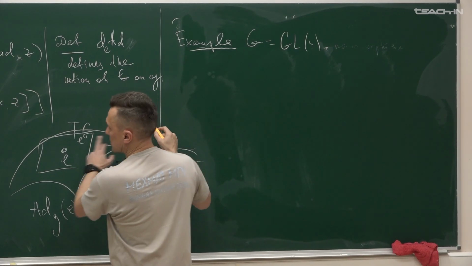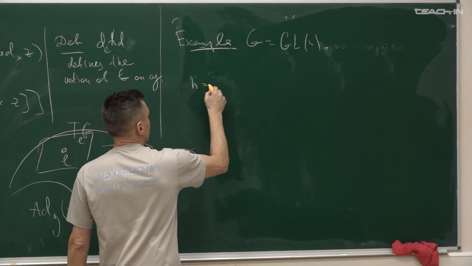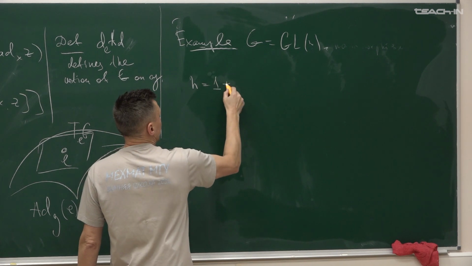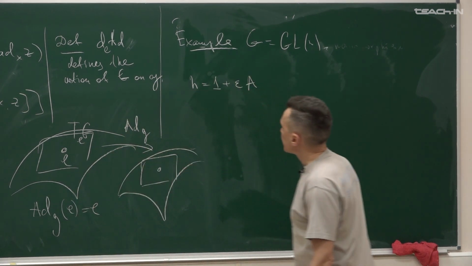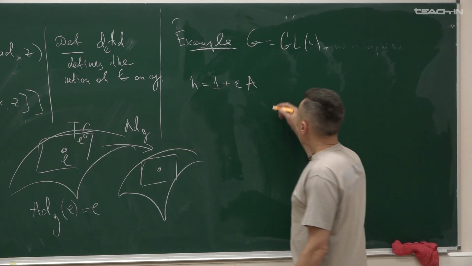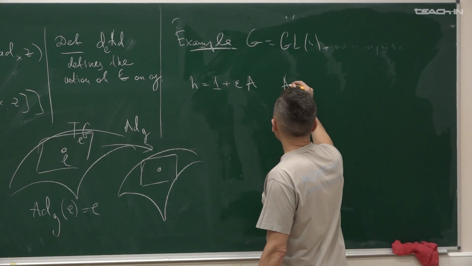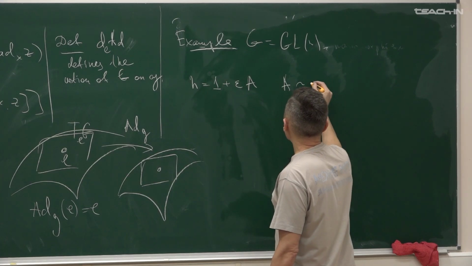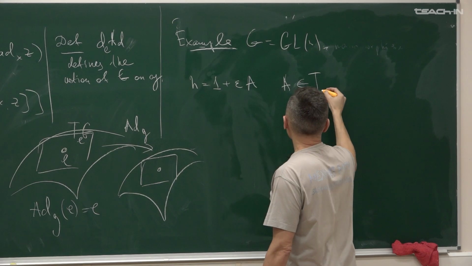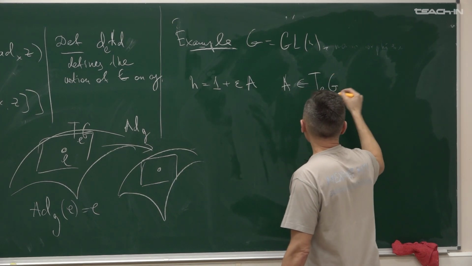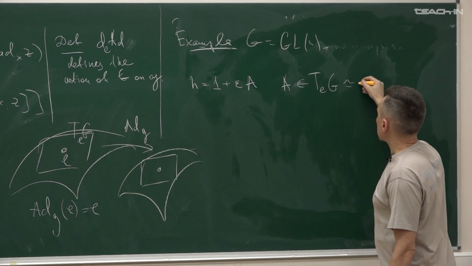So g acts on h, where h is just 1 plus epsilon A. And we identify A as an element of the tangent space to the unit, which is the Lie algebra.